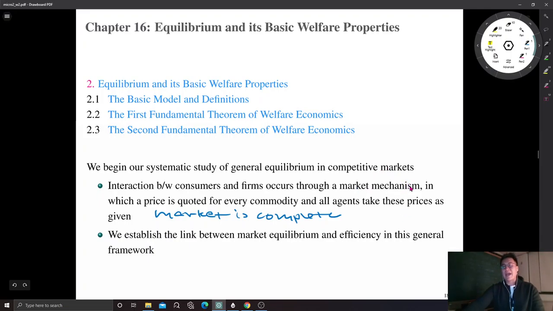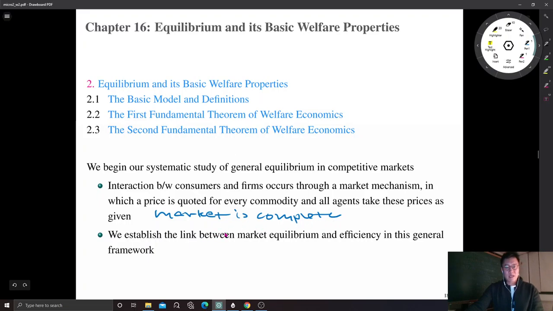So the market mechanism stems from these two assumptions: market completeness and price-taking behavior. Based on these assumptions, we are going to study the interaction between consumers and firms. That's a limited interaction. That's why we study game theory: there's a more general interaction without these assumptions.